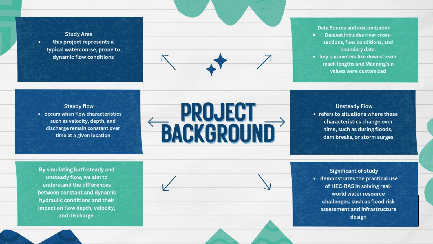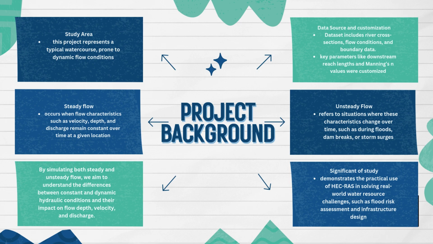Additionally, key parameters like downstream reach lengths and Manning's value were customized based on the group members' student IDs. For example, the average of the last 3 digits of our IDs determines the specific values for these parameters, making the model unique to our group.